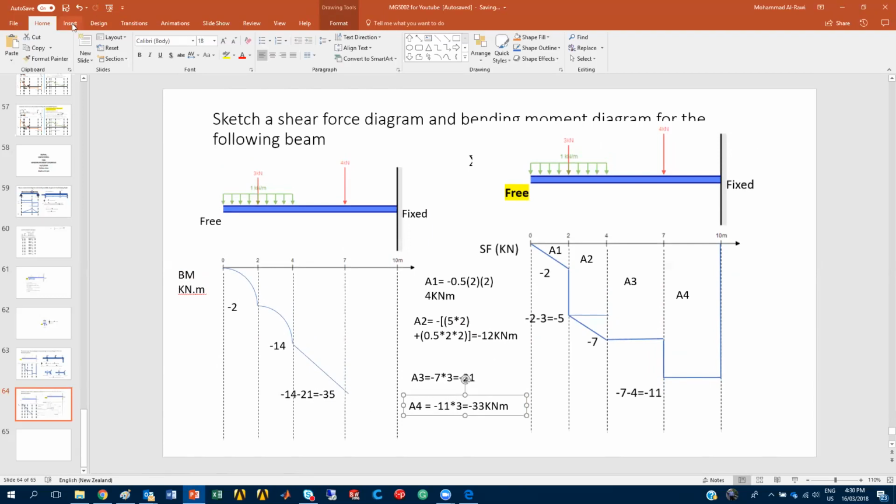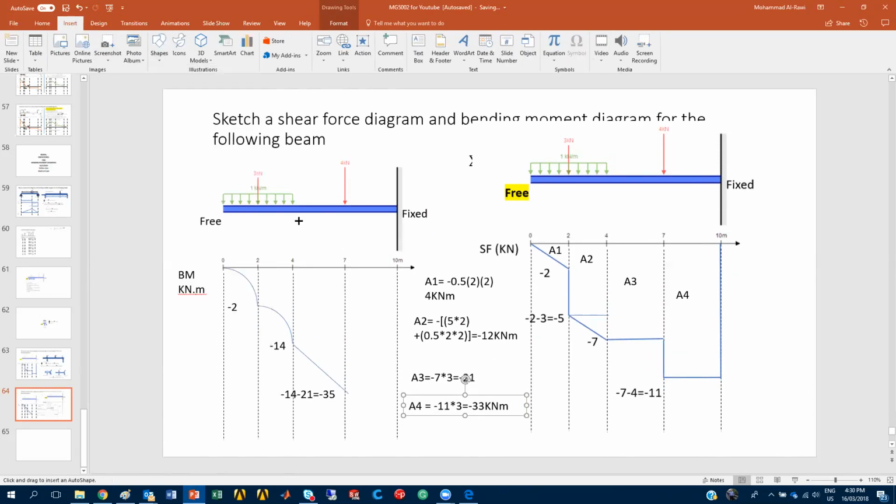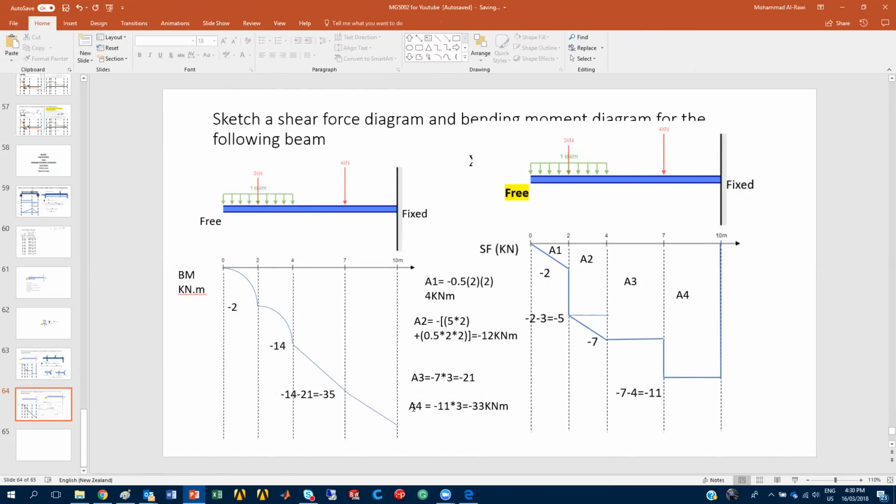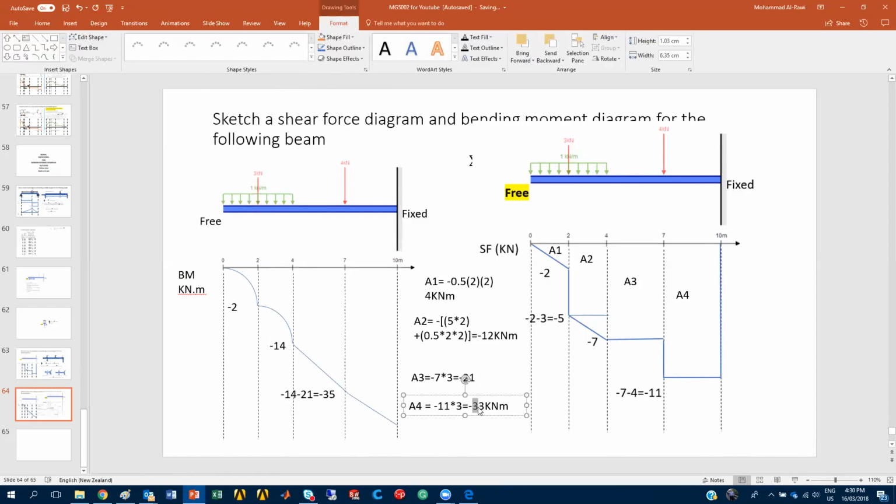Going from that point to this point, if we write the equation very carefully, minus 35 minus 33, the answer is minus 68.